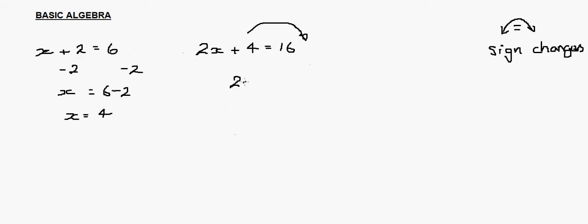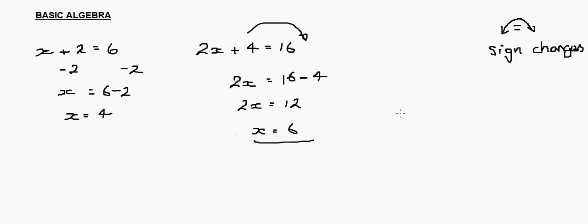So the 2x stays still, and that's going to equal 16 because that hasn't moved. And this plus 4, remember the sign changes, becomes minus 4. So 2x will equal 16 minus 4, which is 12. So if 2 things cost £12, one thing must cost 6. And that's your answer.